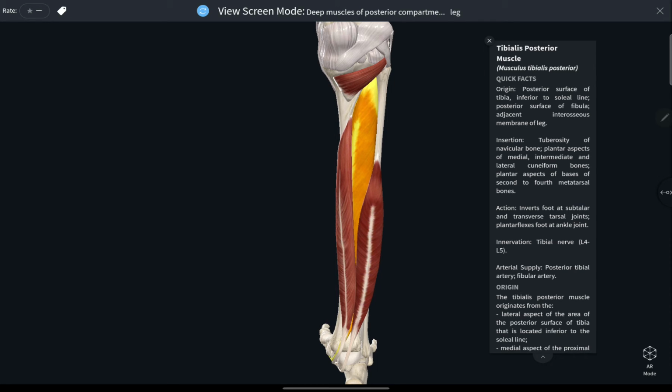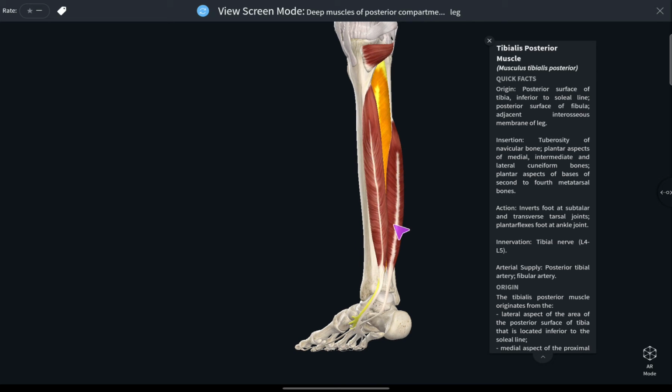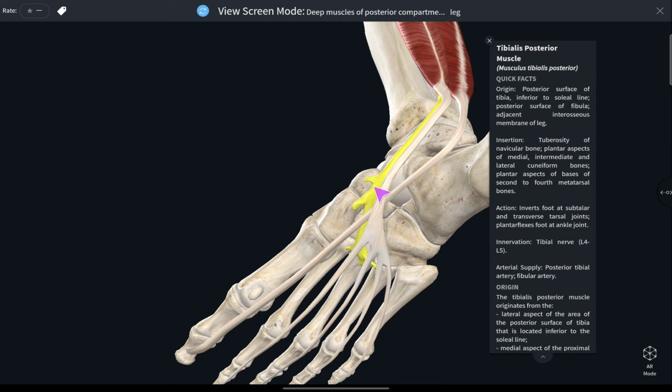This is the soleal line, and the posterior surface of the fibula and the adjacent interosseous membrane of the leg, and it goes like this, and here you can see it inserts to the tuberosity of navicular bone, the plantar aspect of medial, intermediate and lateral cuneiform bone, and the base of 2 to 4 metatarsal bones, and it is also supplied by the tibial nerve, and the action is to invert.